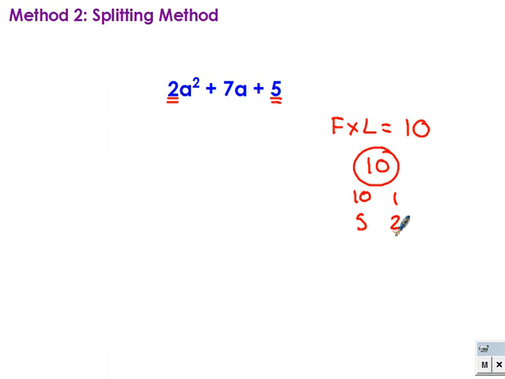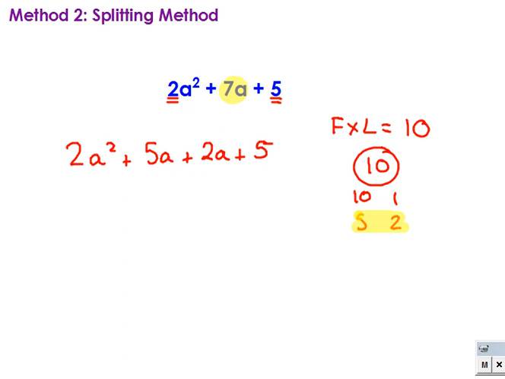I'm going to look at a pair that makes this 7 here, and that pair is the 5 and 2. I'm going to break that 7 up into the 5 and 2. So I'm going to write 2a squared plus 5a plus 2a plus 5. That's basically the same, except I've just broken this up.